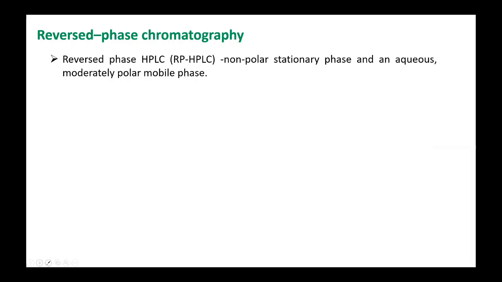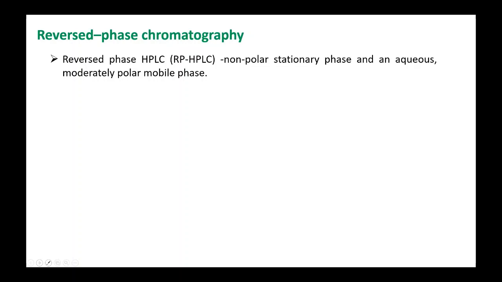So there your stationary phase was more polar and the mobile phase was relatively less polar. But here your stationary phase is less polar, meaning non-polar, and your mobile phase is moderately polar or polar.